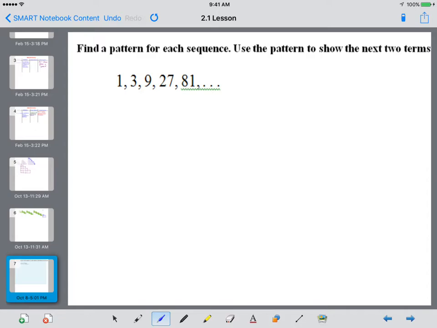What about multiplying? If I do 1 times 3, I get 3. 3 times 3 is 9. 9 times 3, 27. I think we found our pattern. 27 times 3, 81. So the next term would be 81 times 3, which would be 243.